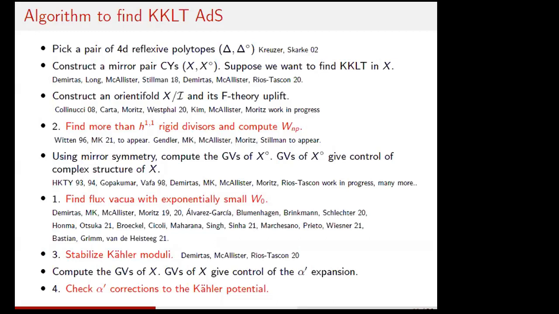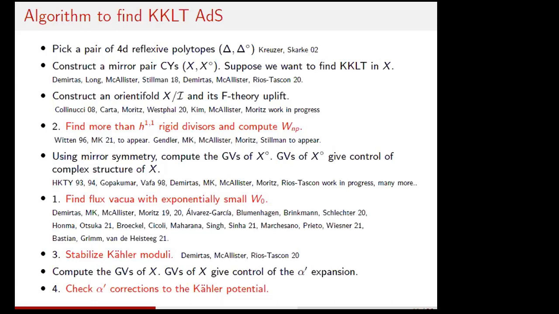How do you deal with those? The corrections from small string frame curve volumes, it doesn't matter whether or not they are flop curves. What you can do is use mirror symmetry to compute the corrections to the Kähler potential or the Einstein action.